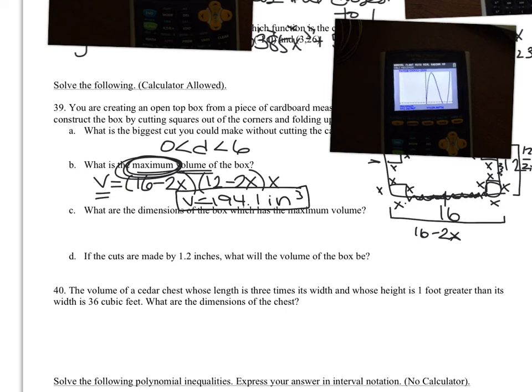Now it says, what are the dimensions of the box that has the maximum value? So the dimensions, that's x. My x was 2.26. I'm going to say x, which stands for the height, because if you think about it, you'll be folding it along that side. My height is 2.3. Which means my length, when I plug it in, I would do 16 minus 2 times 2.3.